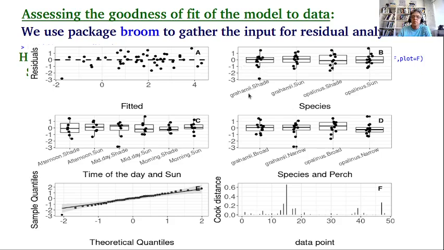And when we compare the combinations of species and sun in the 2x2 combinations, or the time of the day and sun, which gives 6 combinations, or the species and the perching site, we see that the median of the residuals are all very similar, close to 0, and the span of the variation, as indicated by the width of the box of these box plots, is not too dissimilar between all these combinations of explanatory variables for each of these B, C, and D plots.